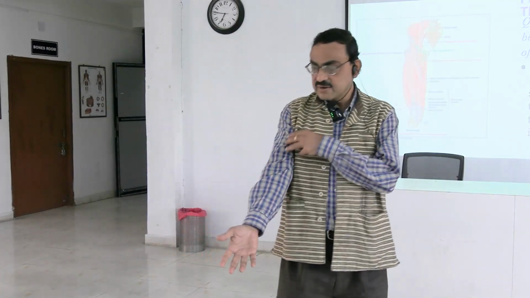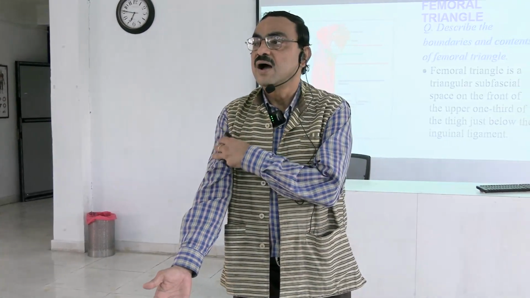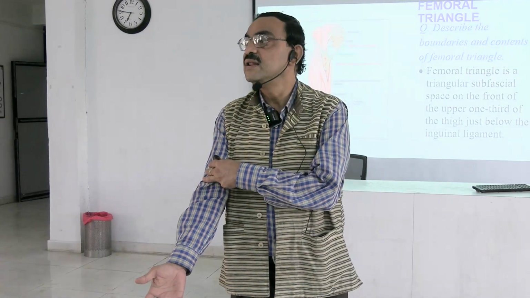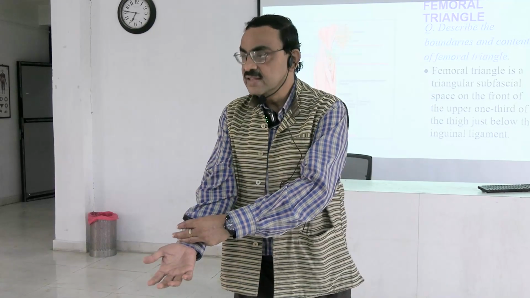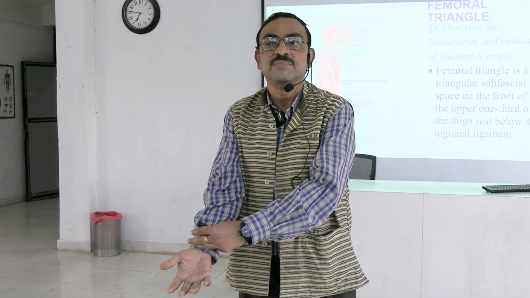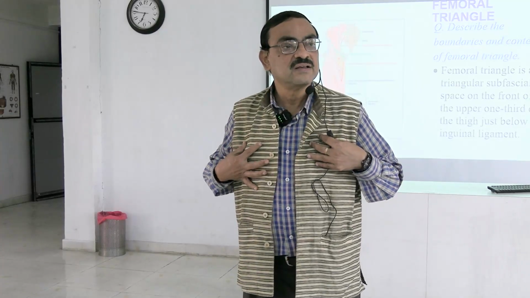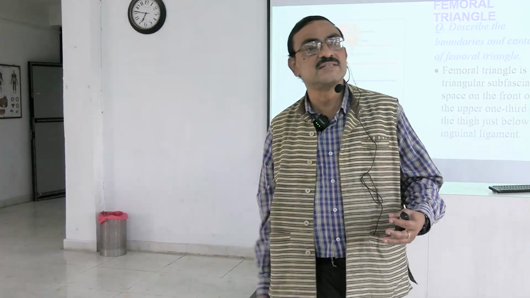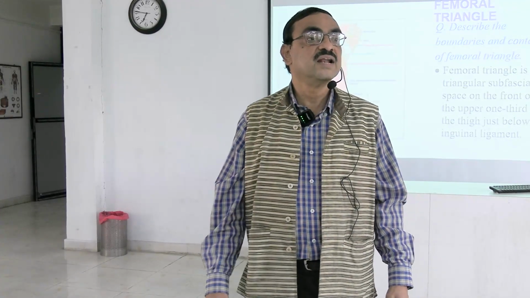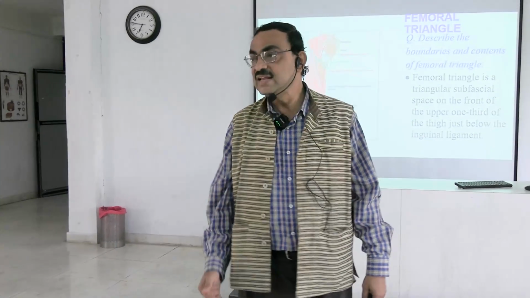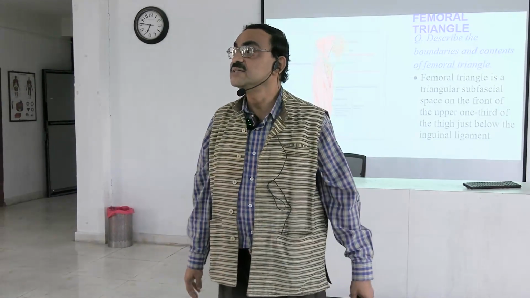Deep fascia in our arm is called brachial fascia; in the forearm, antebrachial fascia; pectoral fascia. Similarly, the deep fascia of the thigh is named fascia lata. Deep fascia in the leg is called fascia cruris.